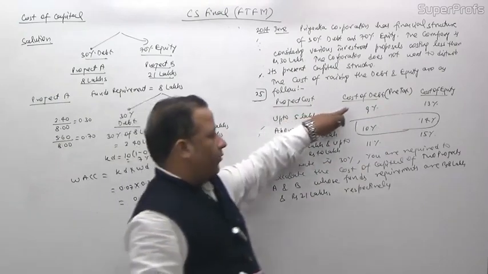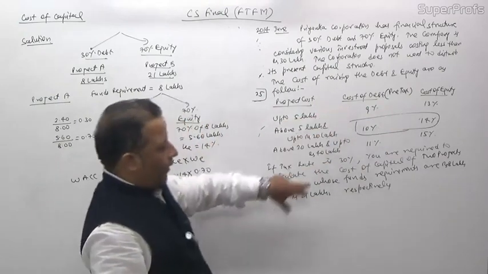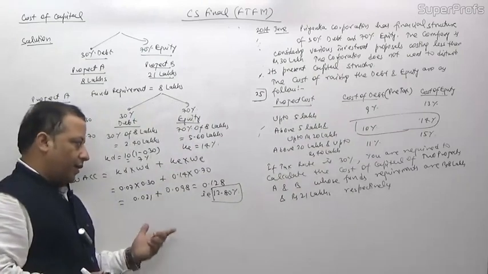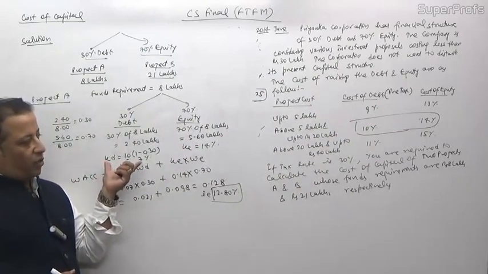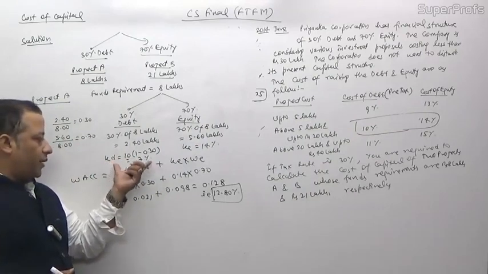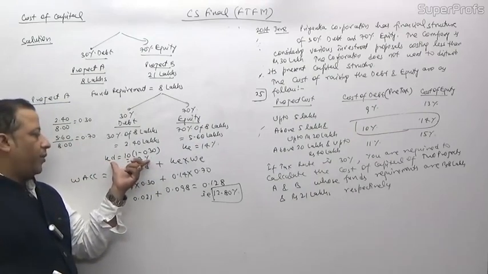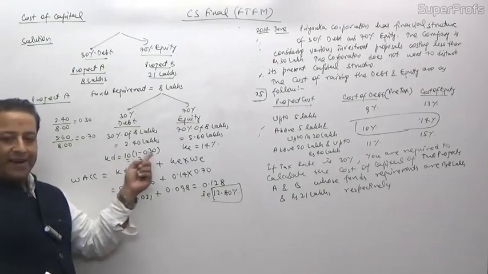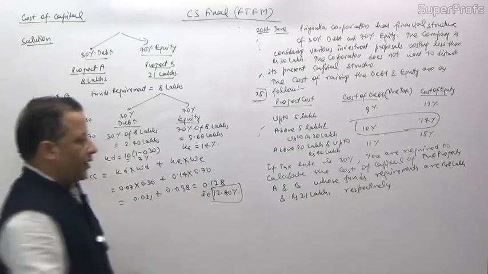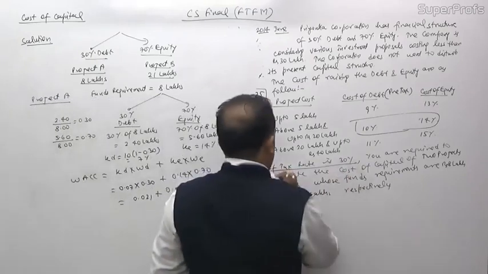If the cost of debt provided in the question is after tax, then there will be no problem, but it is basically the pre-tax cost of debt. So I have to calculate the after-tax cost of debt, which amounts to 7%: 10% into 1 minus the tax rate, the tax rate is 30%.